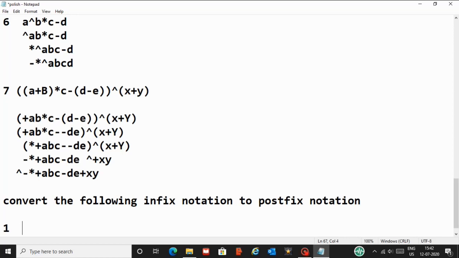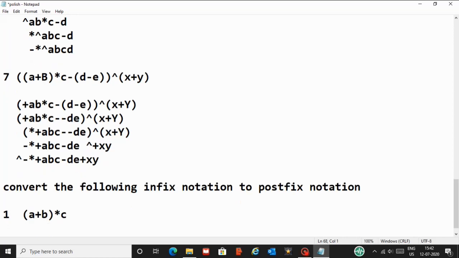What is the first one? A plus B into C. Okay. This is the first one. A plus B into C. Since I have a bracket, without bracket I would be doing B into C plus A. But then since there is a bracket, I need to evaluate the bracket first.